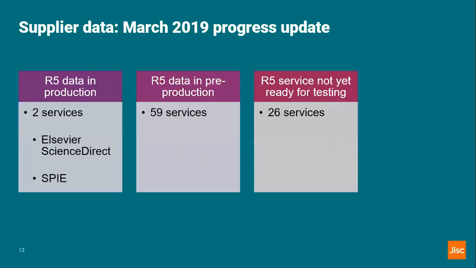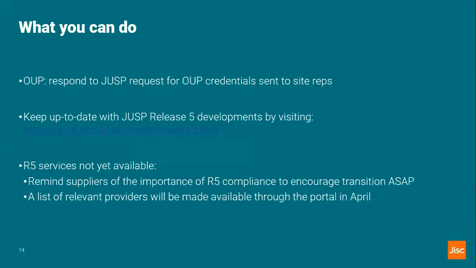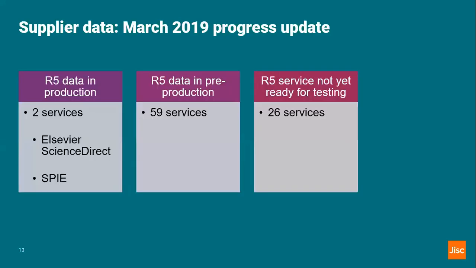So that means either a service isn't available, we don't have a correct SUSHI endpoint, we might be waiting for a response from a supplier, we might be waiting for SUSHI credentials. So a whole host of reasons. But again, the intention is to try and gather more information and move those things into that pre-production column. We will also provide some sort of a status update, so a list available via the portal in April.